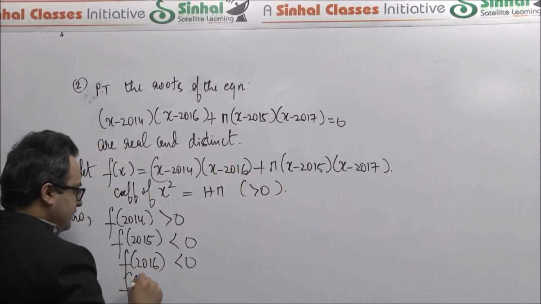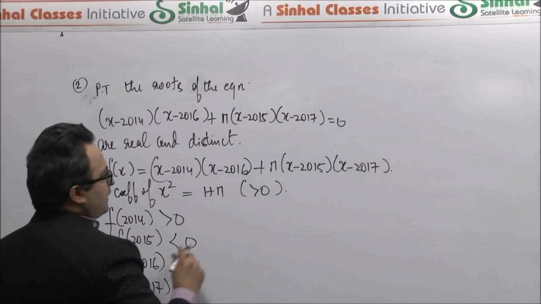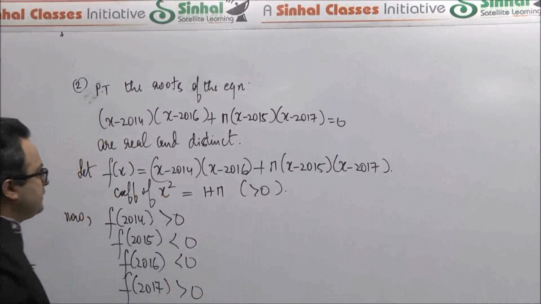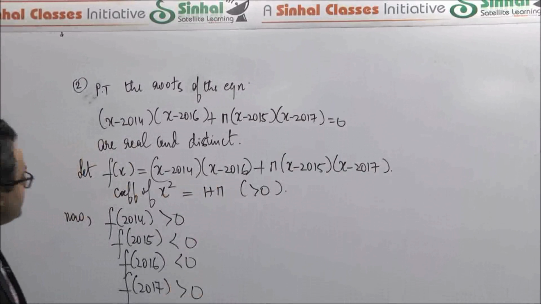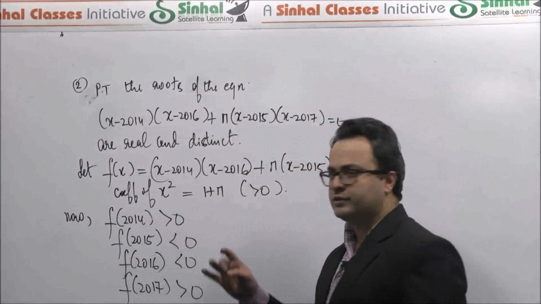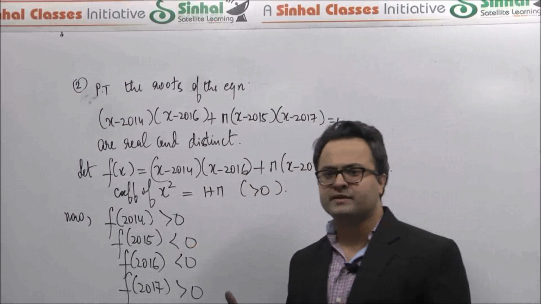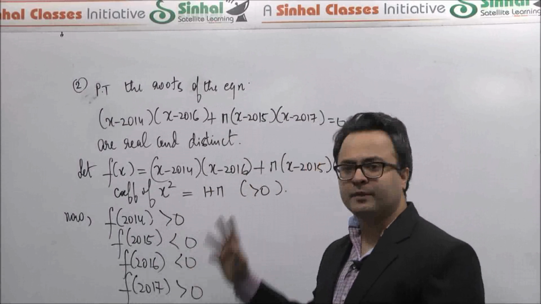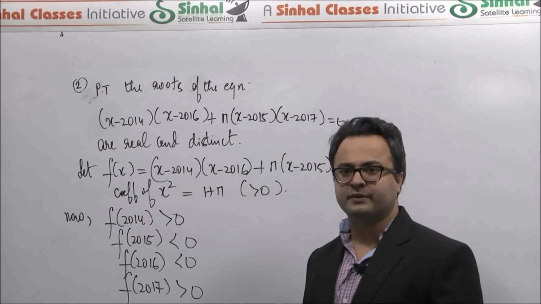And if I look at the function value at 2017, again 0, positive, positive. So we've easily been able to show that, if I take these four specific values 2014, 2015, 2016 and 2017, the function value at these 4 points, I've been able to determine the signs of all these expressions.